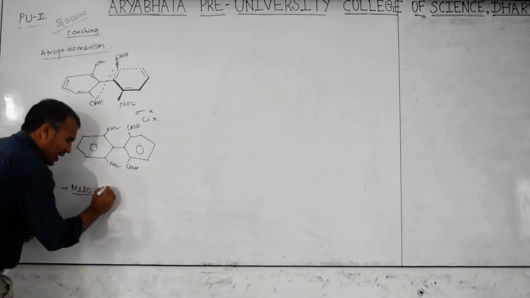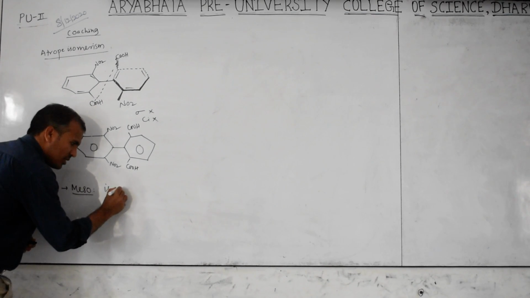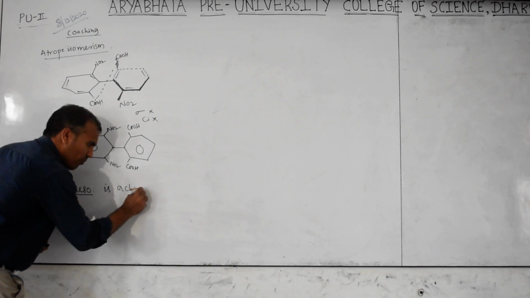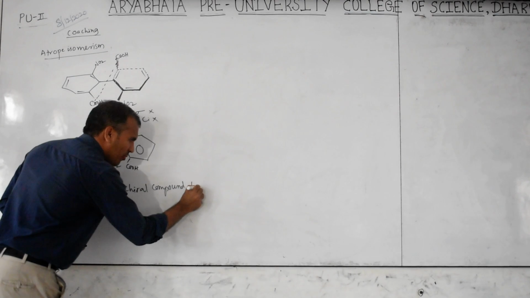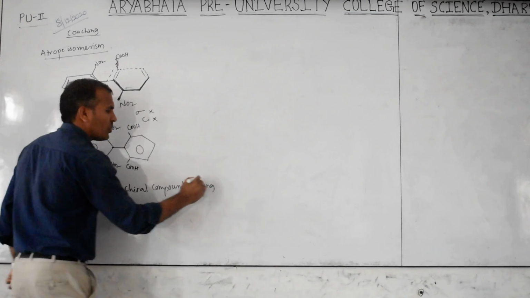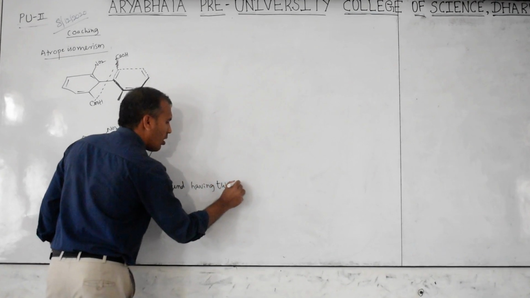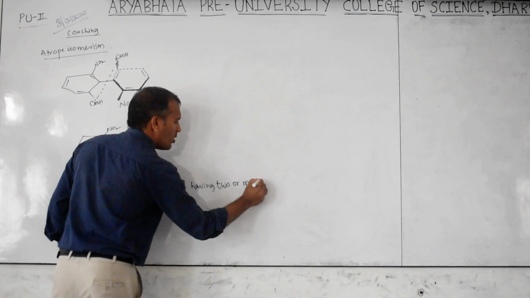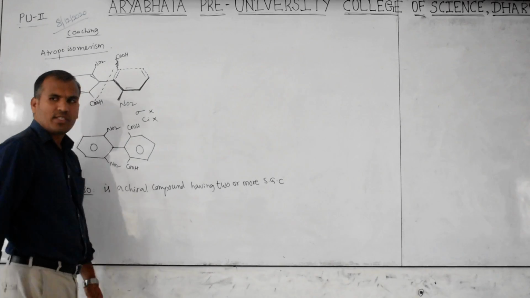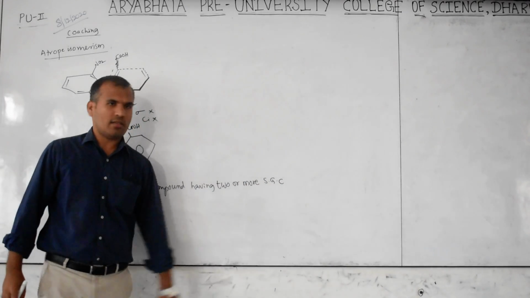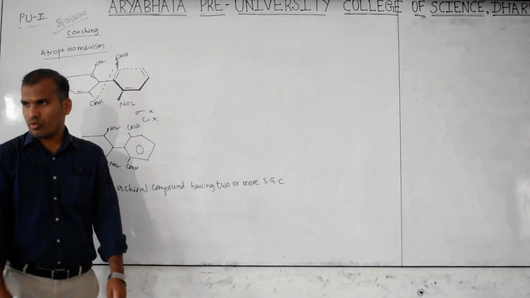A meso compound is an achiral compound having two or more stereogenic centers. SGC, you can write complete stereogenic center or stereocenter, right? No problem.